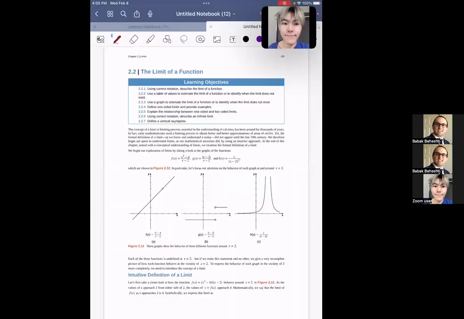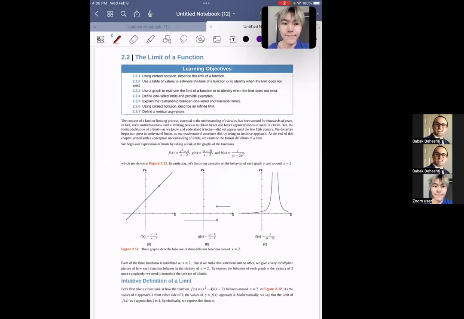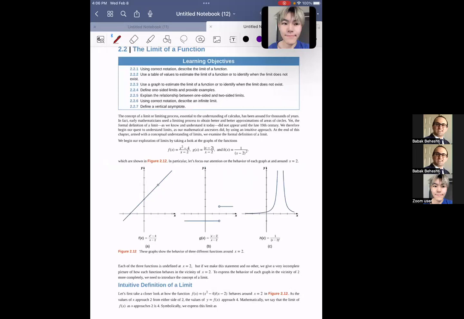All right, very good. So we want to look at limits of a function in more detail. First, sometimes, as you can see in these pictures, we can tell the limit of a function by looking at the graph of the function.